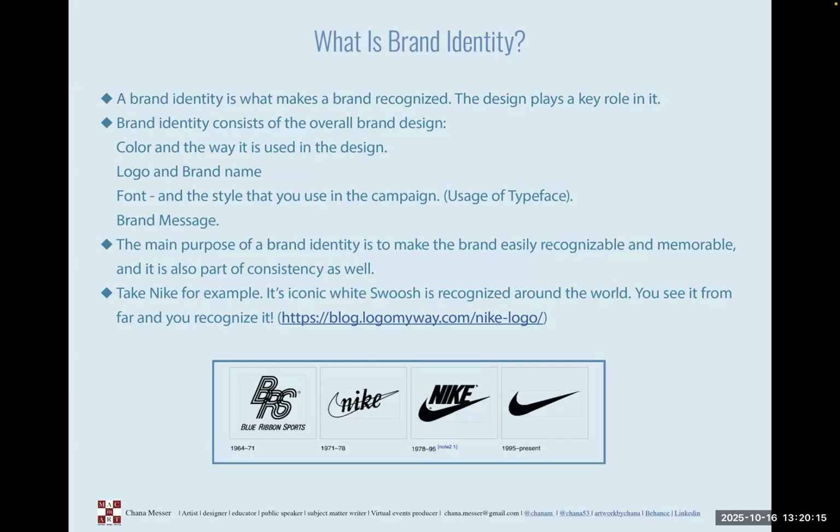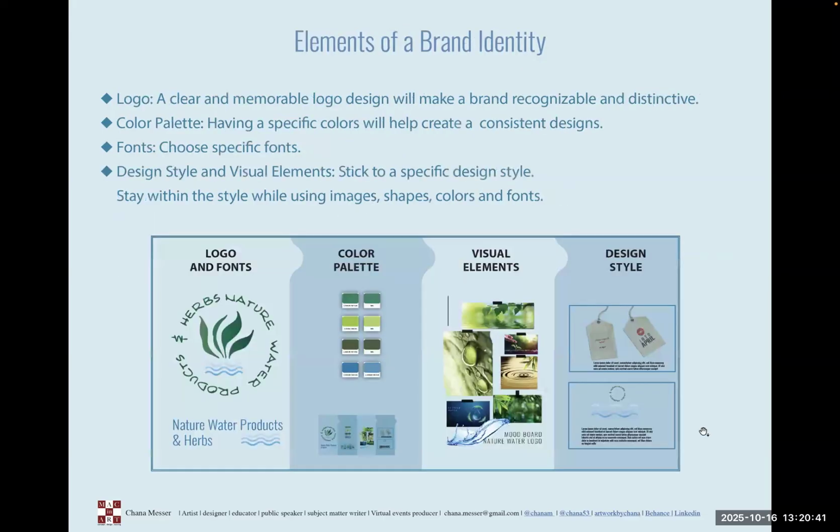It started from Blue Ribbon Sports, and then it was Nike in 1971, then 1978, 1995 Nike, and the swoosh, and just now the swoosh. If we see the swoosh, we know what it is, right? Everybody is smiling, right? Because I call it the swoosh because it is so recognizable to everybody.